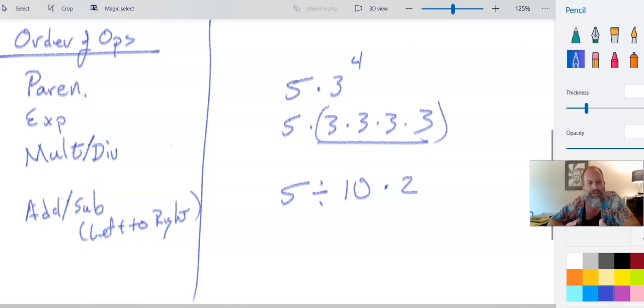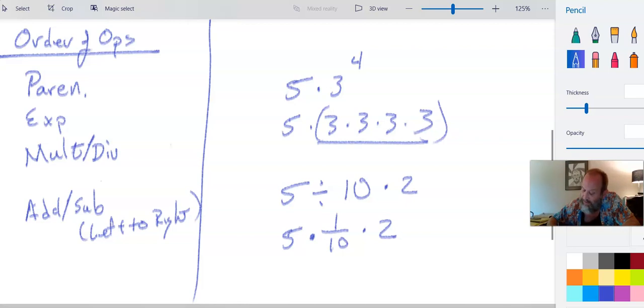Now, the common misconception is that multiplication always has to go first. And it kind of feels like it's grouped together here. But if you go back and actually look at what that division by 10 means, what it actually means is 5 times 1/10 times 2. And you notice it's all multiplication now. So that means the division and the multiplication are actually the same operation. You can rewrite them that way. And so that's why we compute these things left to right.